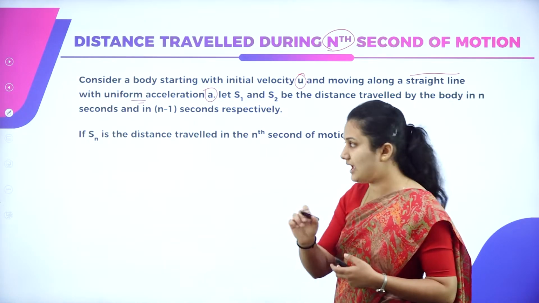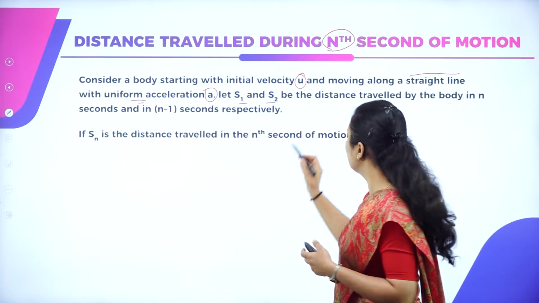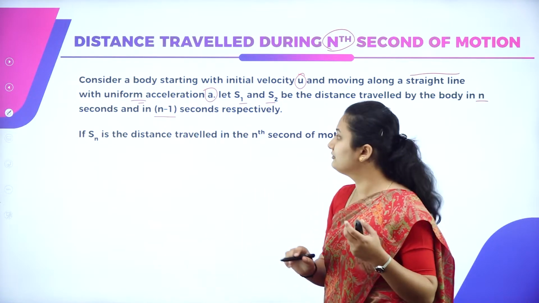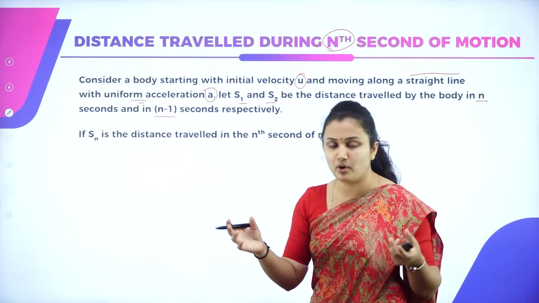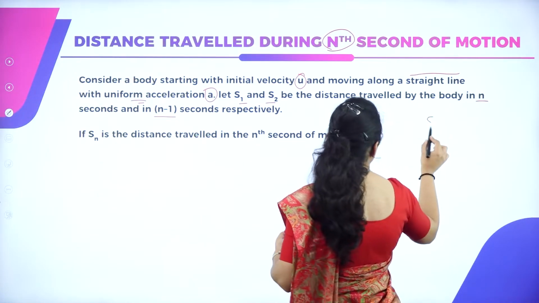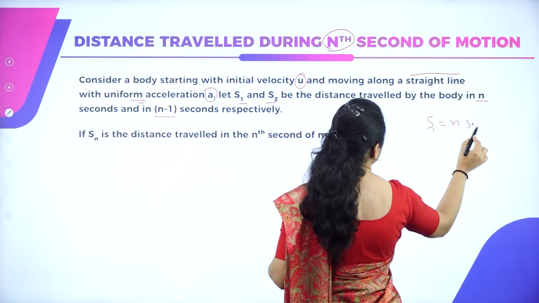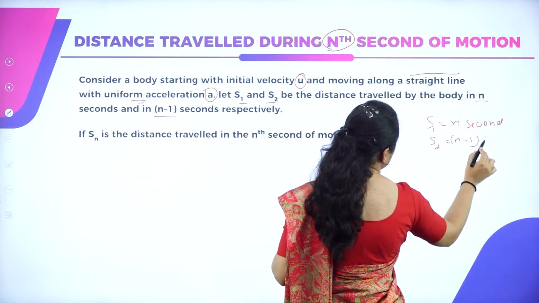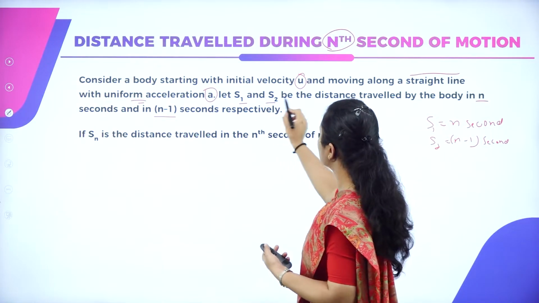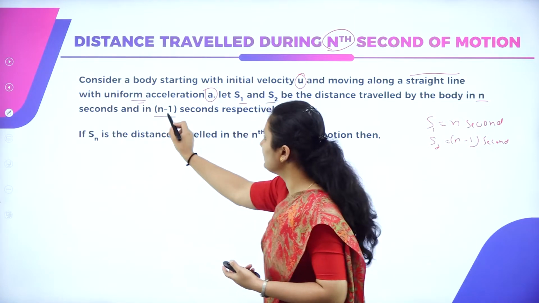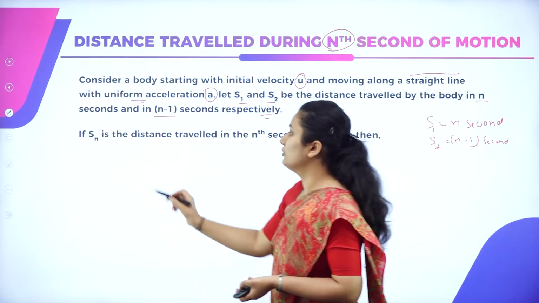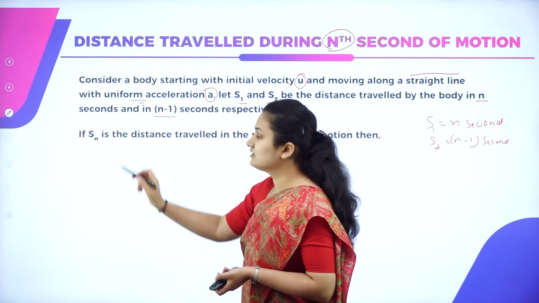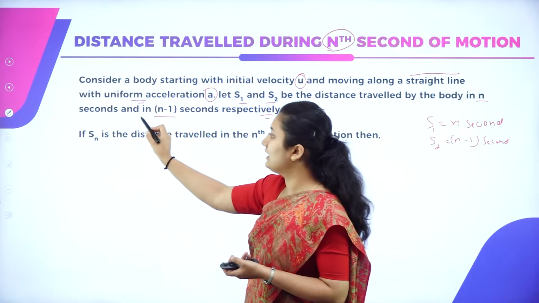The acceleration is a, and let S1 and S2 be the distances traveled by the body in n seconds and n minus 1 seconds respectively. So S1 is the distance traveled in n seconds and S2 is the distance traveled in n minus 1 seconds.